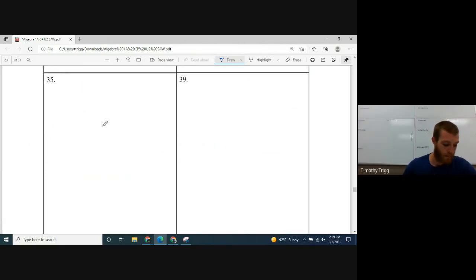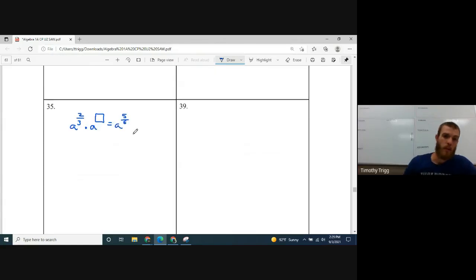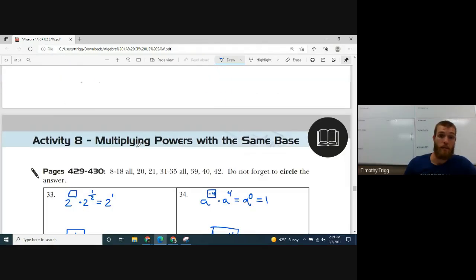35. A to the power of 2/3 times a to the power of blank equals a to the power of 5/6. Okay. So I'm just going to go ahead and show you basically what they're doing, with some of these examples we already did.